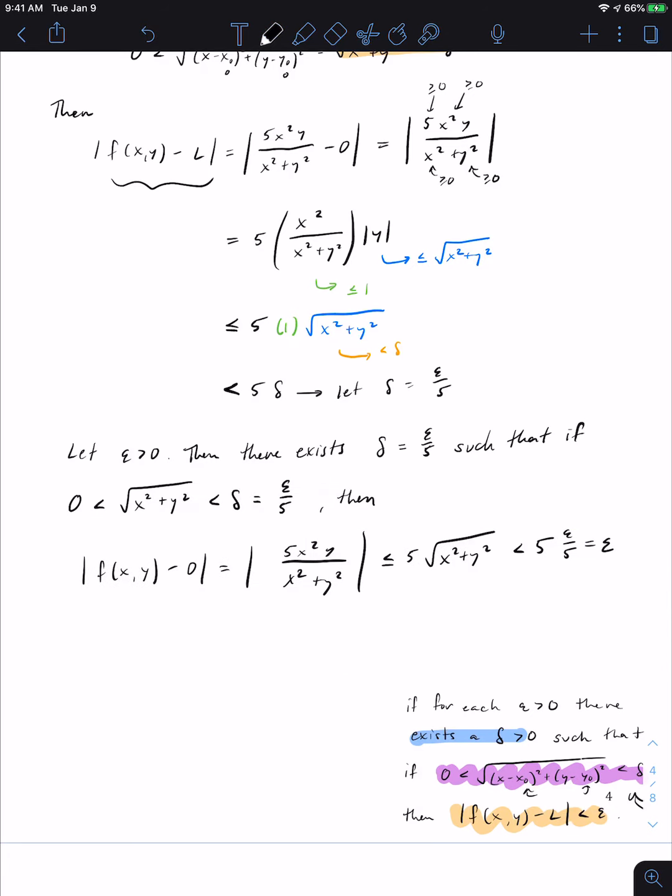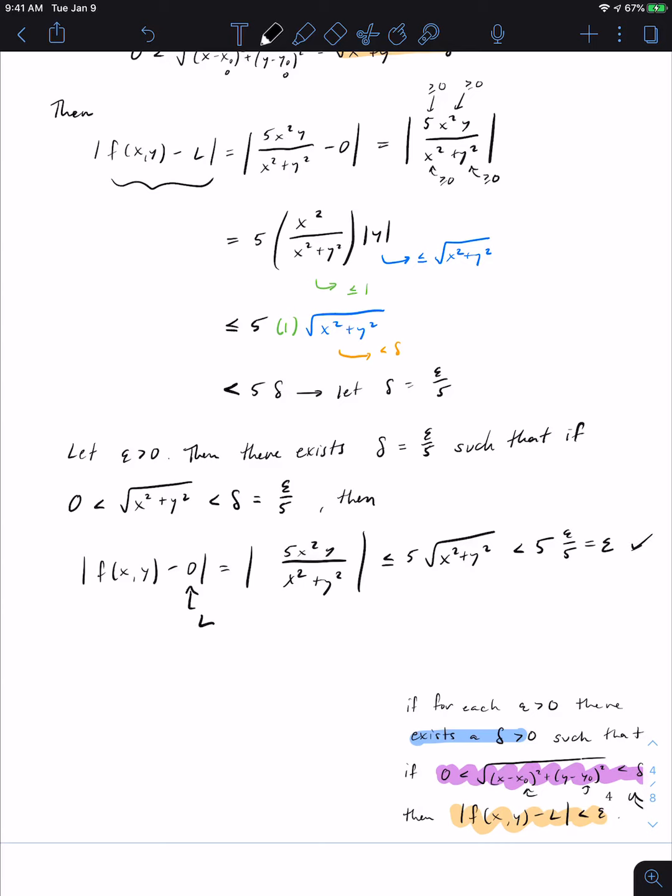So what did we show? We said let epsilon be greater than 0, then there exists a delta, here's our delta, such that if I lie in a delta neighborhood where delta equals epsilon over 5, then the difference between my function and my limit is less than epsilon.